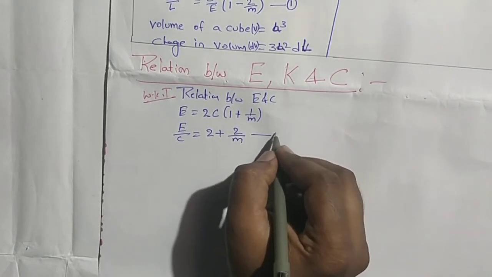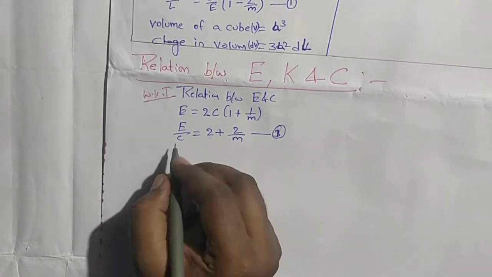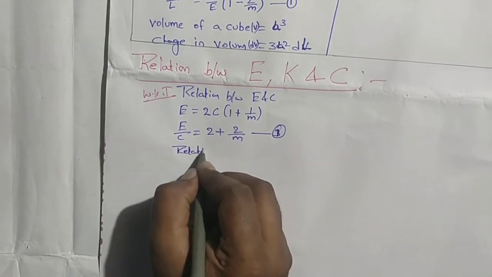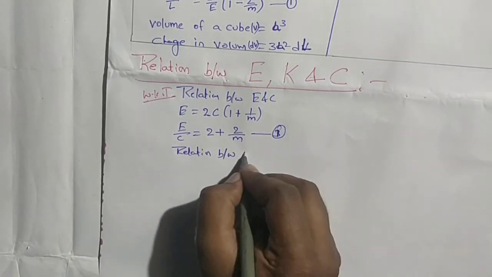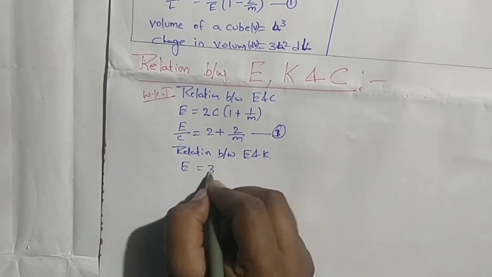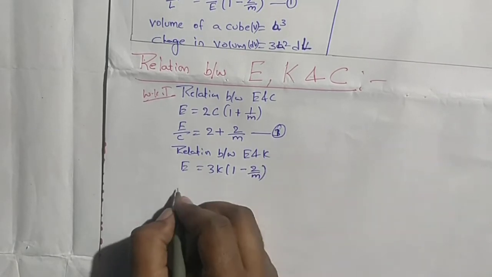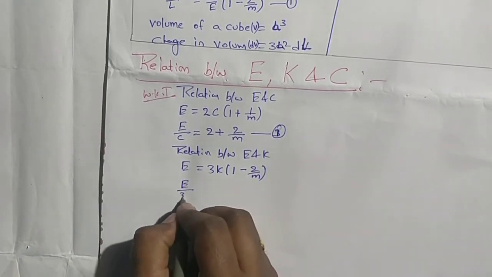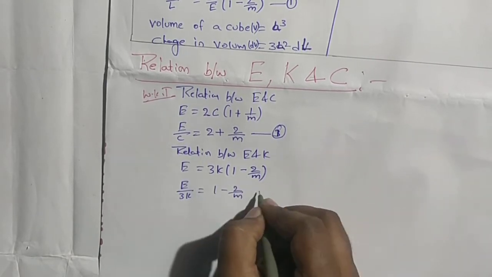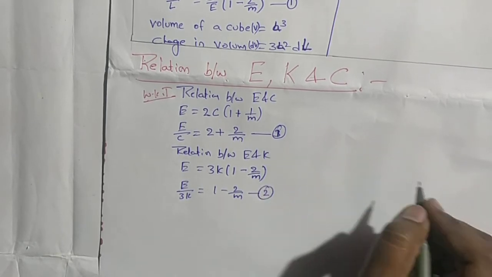Taking this as equation 1. Next, from the relation between E and K, E equals 3K into 1 minus 2 by m. From this equation, E by 3K equals 1 minus 2 by m. It can be written as equation 2.